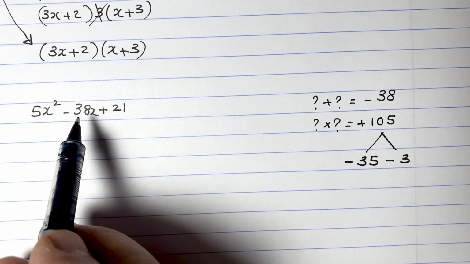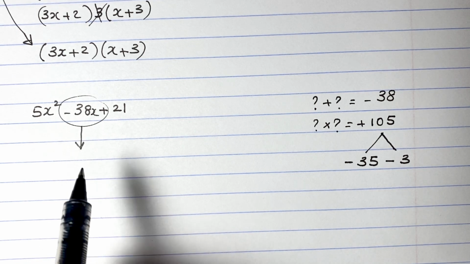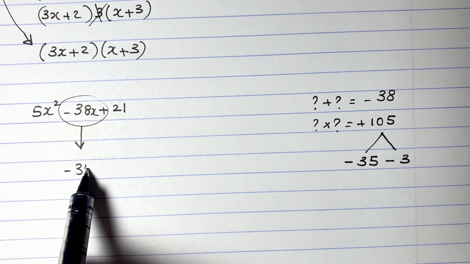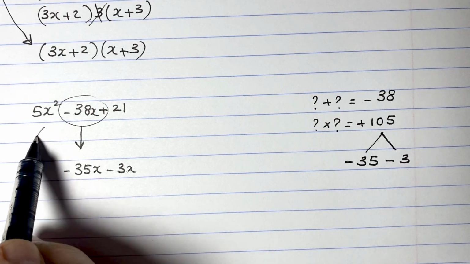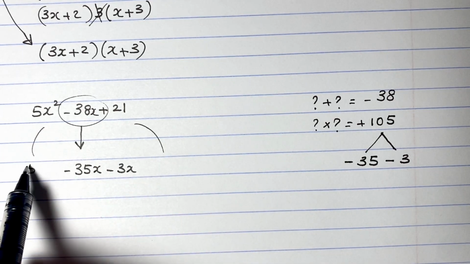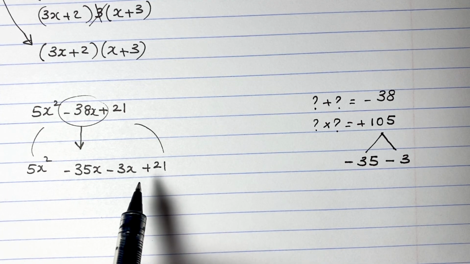Okay, method 1, the book's method. Splitting minus 38x into minus 35x minus 3x, then 5x squared plus 21.